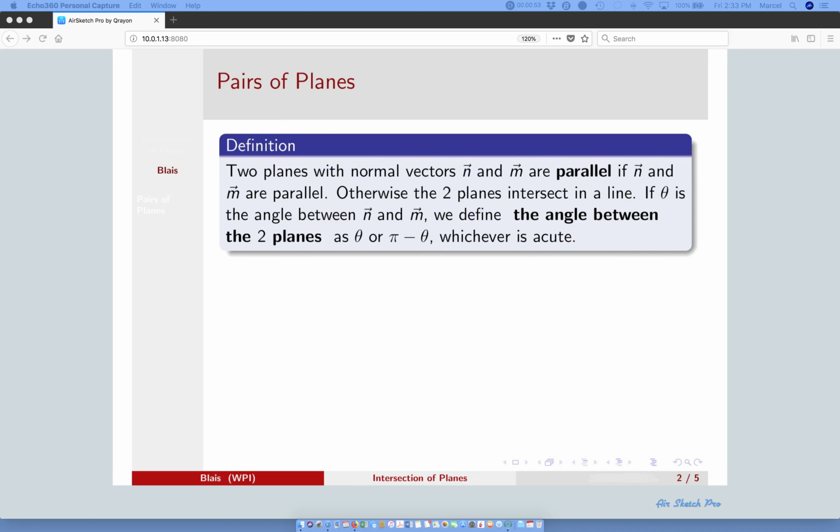So we can draw an example of this. Suppose our first plane looks something like this, and our other plane looks something like this.